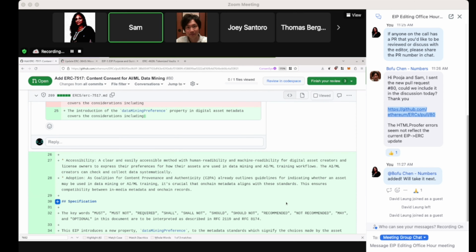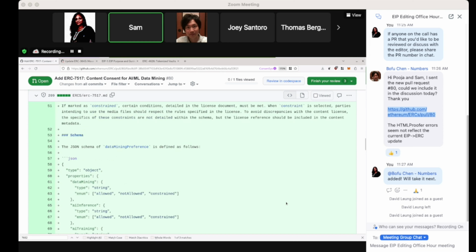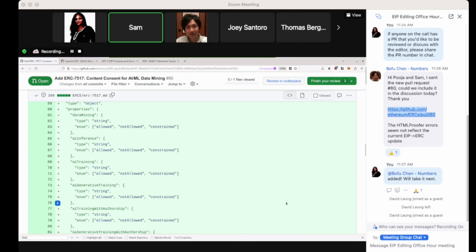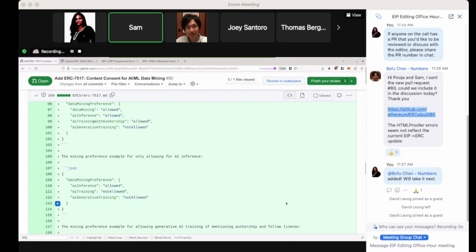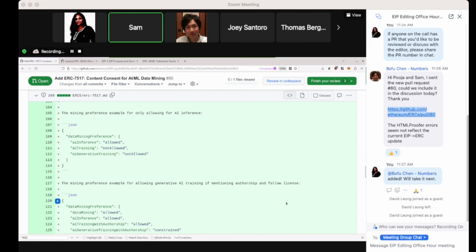Okay, good. Schema defined as follows. Property is true. Great. Mining preference example for only allowing for AI inference. Great, okay. And then embedding it into an ERC-721.